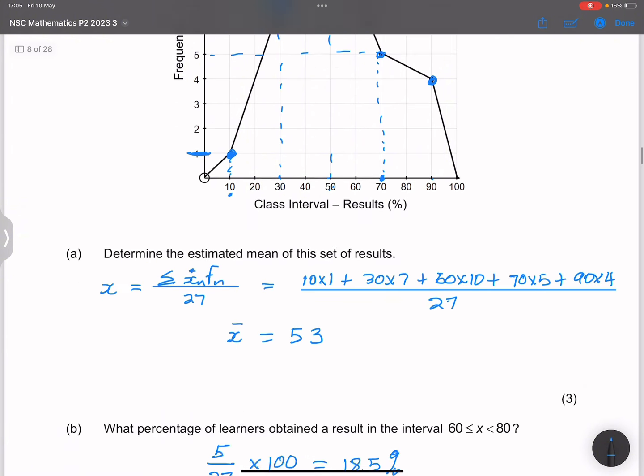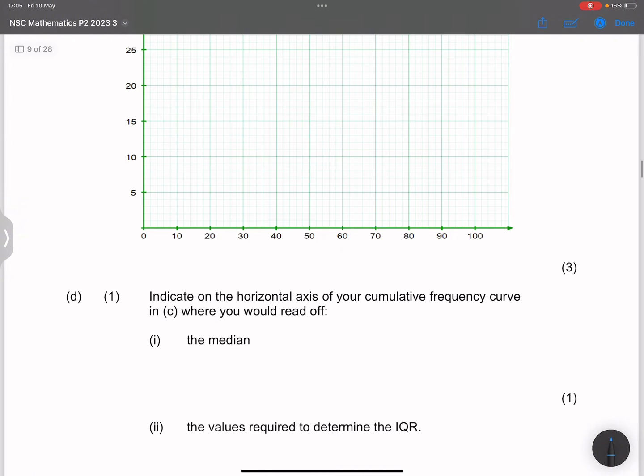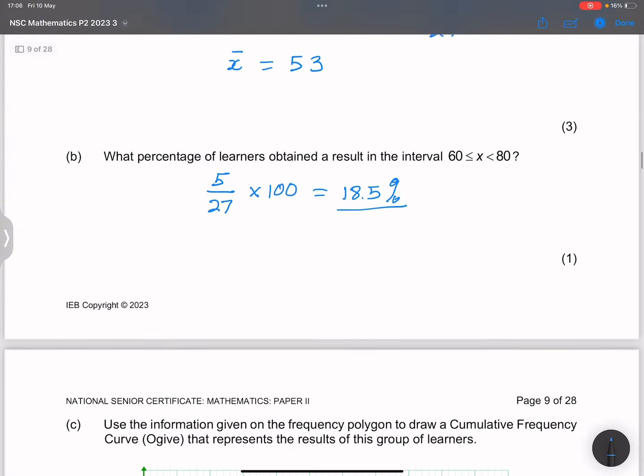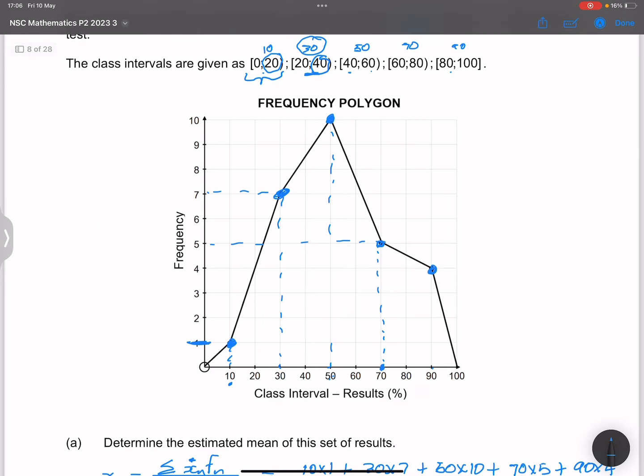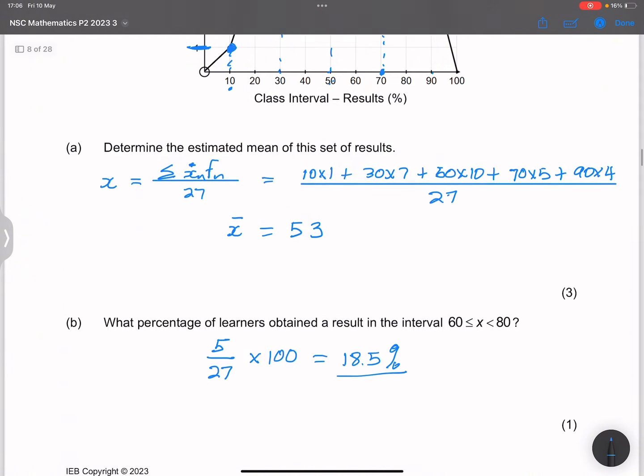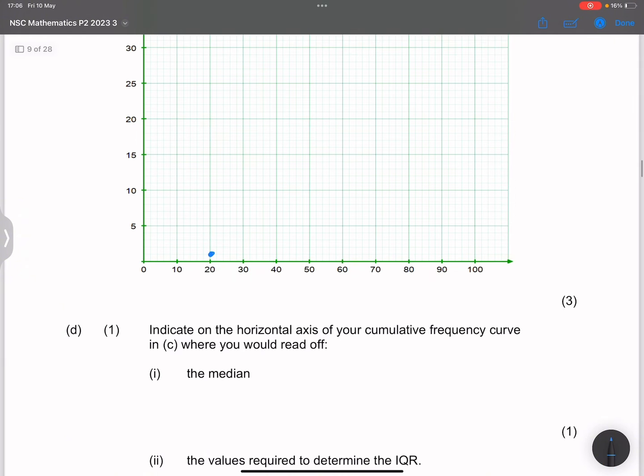So in my case, at 20, I am going to have 1. Then my next one would be at 40. What's the value at 40? That's going to be 7, so at 40 I've got 7 over there.